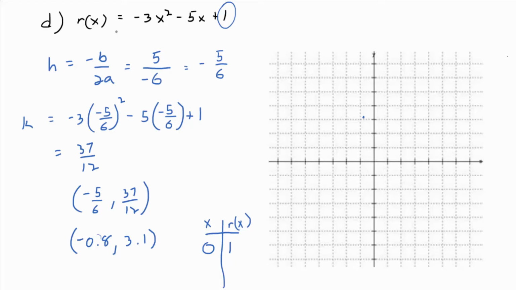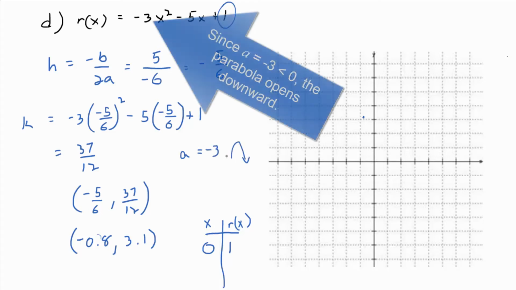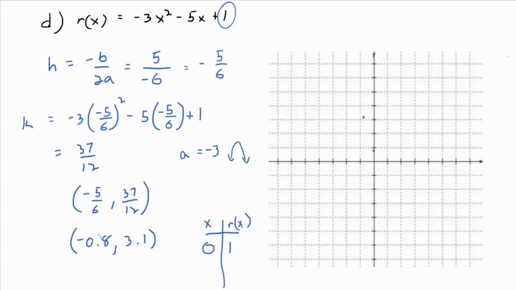There we go. By the way, does it open up or down? A is equal to negative 3, so it's a frowny face. And the point 0, 1 bears that out because that's below the vertex. The symmetry is a little more difficult in this one because of the fraction, but since we're just doing it visually, you could still look at the decimal.